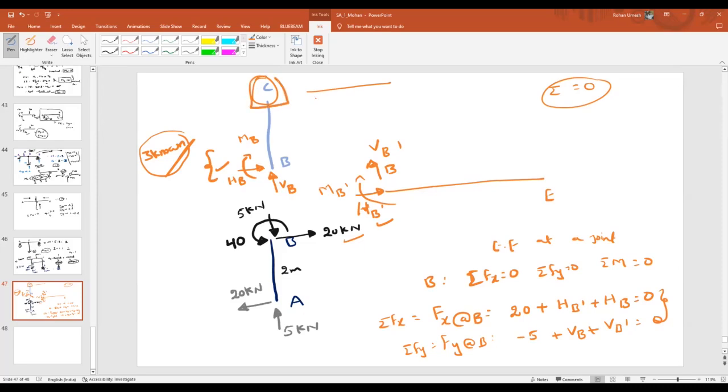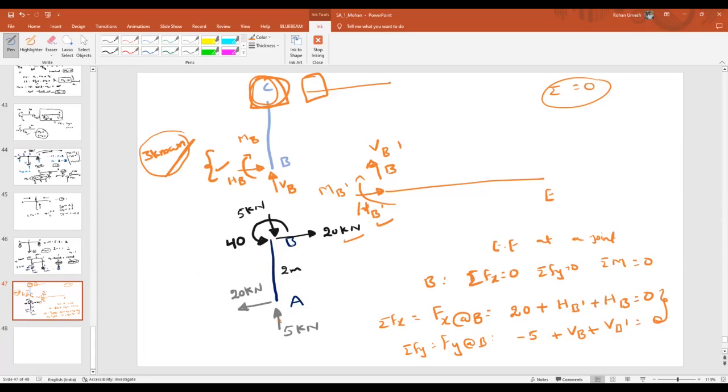Again at joint C, how many members are connected? 2. If I know this, can I know reactions here? Are you guys getting confused, or can I explain in more detail? Just like going element by element, we are applying equilibrium equations only. Here, we know these 2.